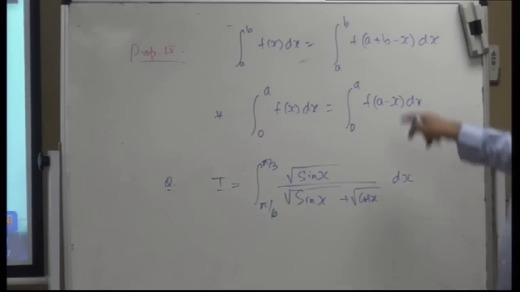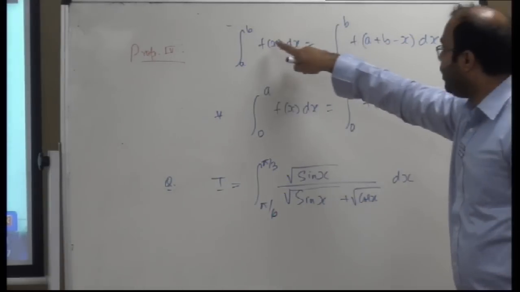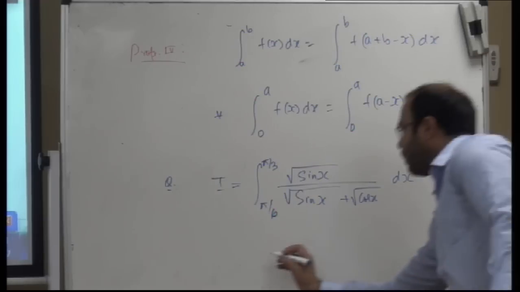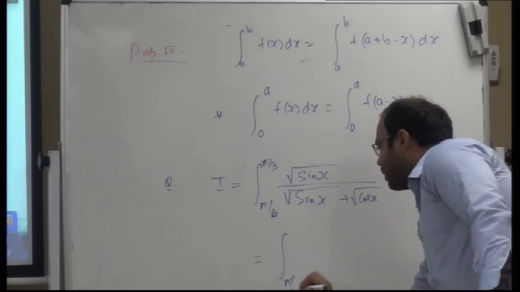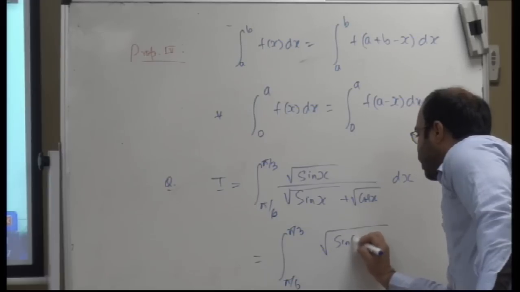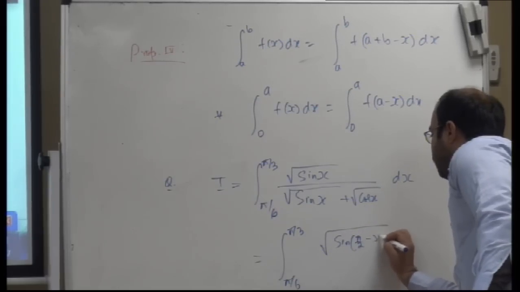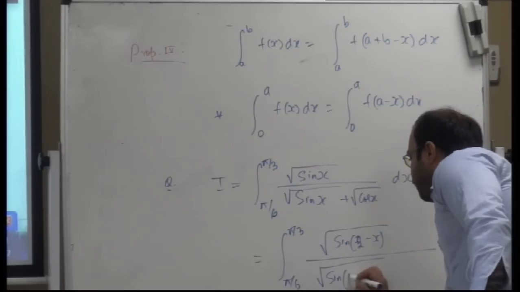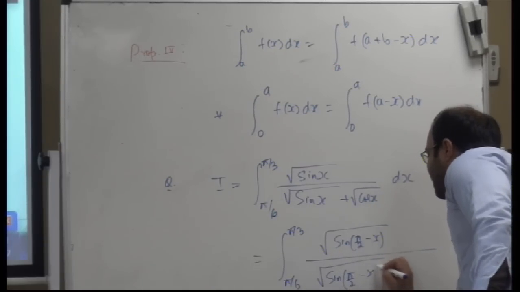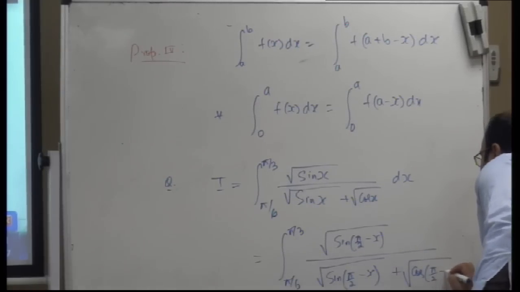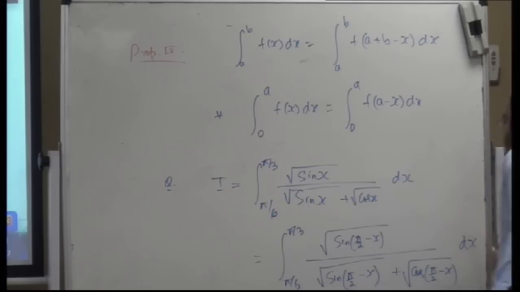And we will write wherever we find x here as pi by 2 minus x. So this would become pi by 6 to pi by 3 root over sin(pi by 2 minus x) by root over sin(pi by 2 minus x) plus root over cos(pi by 2 minus x) dx. I hope it is clear to everyone.